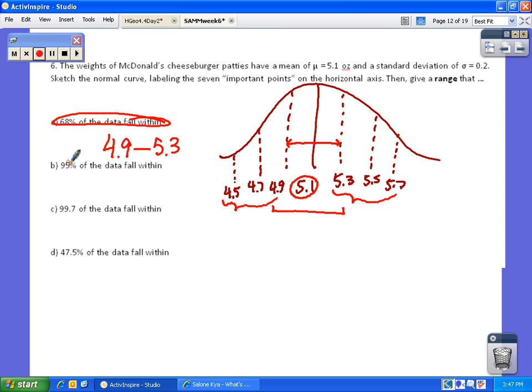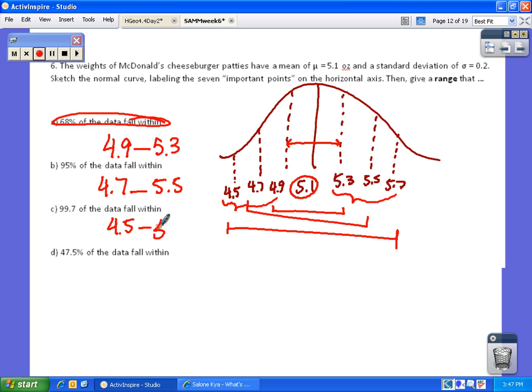95% of the data fall within 2 standard deviations, so my range would be 4.7 to 5.5. A range that 99.7% of the data fall within would be 3 standard deviations to the left and to the right, 4.5 to 5.7.